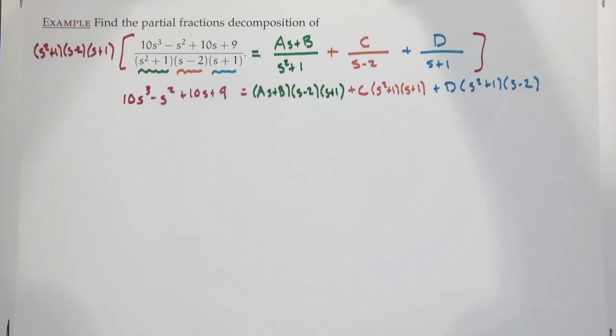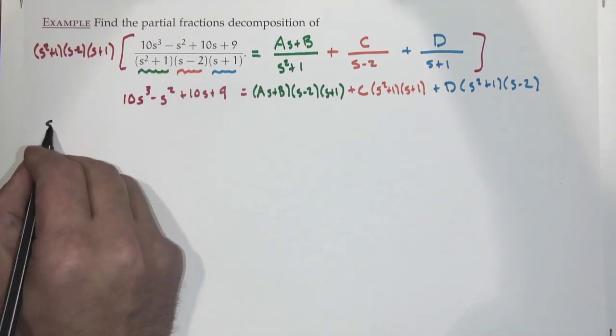So, how would you like to proceed? Plug in values of s. Okay. I do like to start with the choose wisely approach because I like it. So is there a good choice for s? 2.